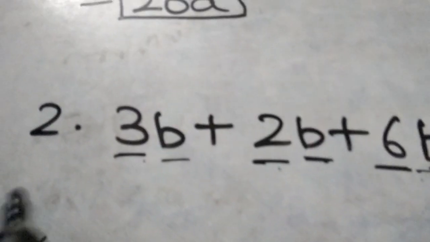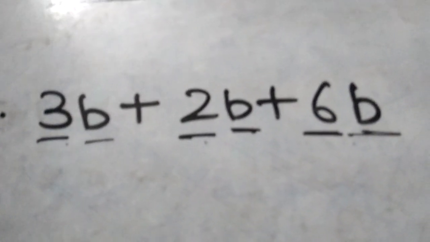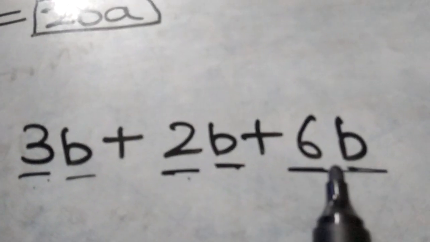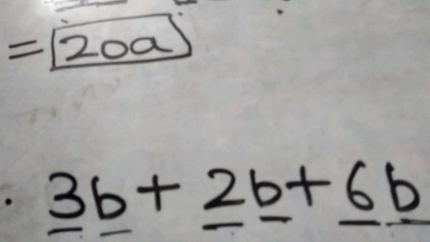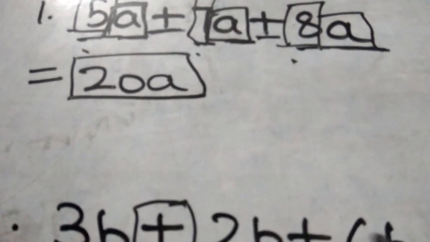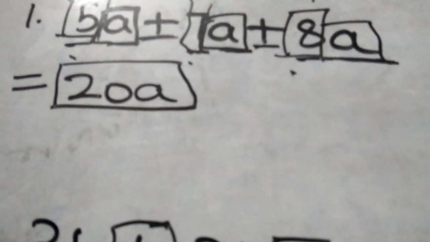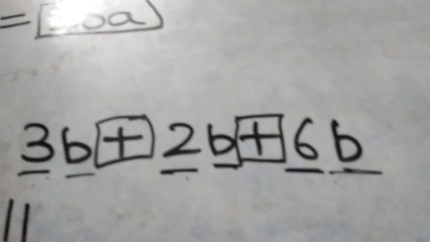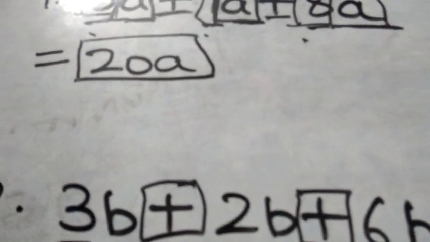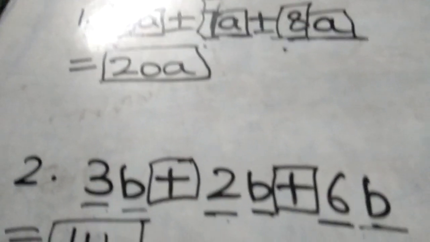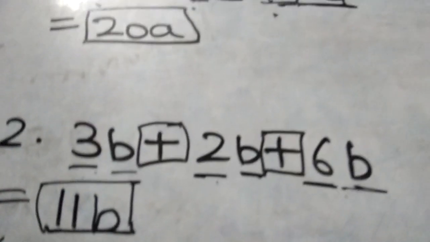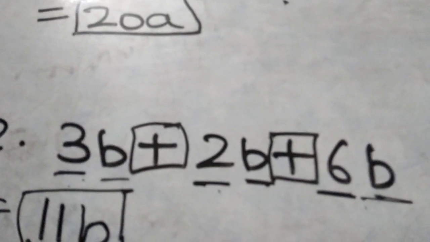Add the numbers and make the equal to sign. 3 plus 2 plus 6, which equals 11. Since the constant is addition, we only need to add the three numbers and then add the variable since it is the same. And here you get your answer. Isn't it simple? Now let's change the constants and see.